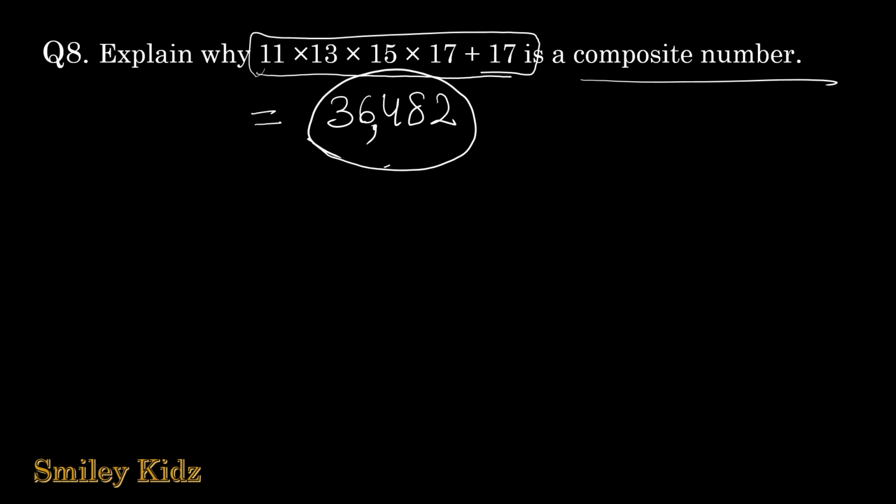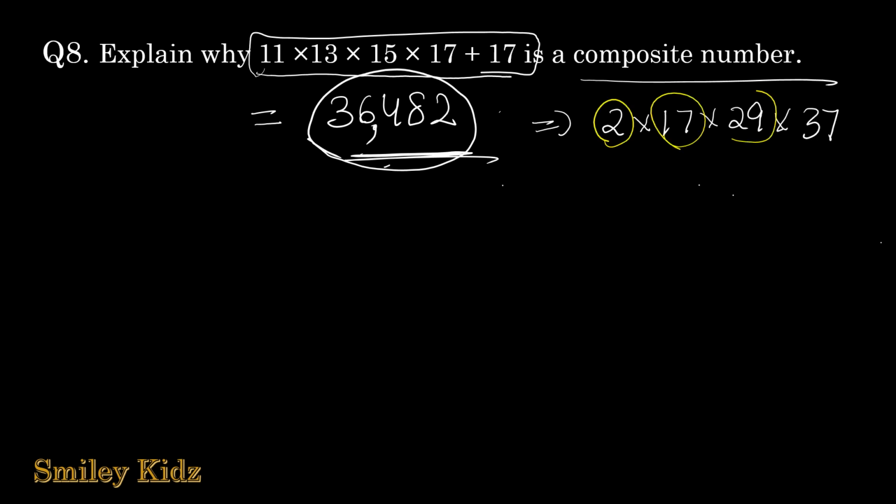So this is a composite number because it can be expressed as a product of primes. When you find the prime factorization of this particular number, it can be expressed as a product of primes. Here the prime factors of 36,482 are 2 times 17 times 29 times 37, and all these are prime numbers.